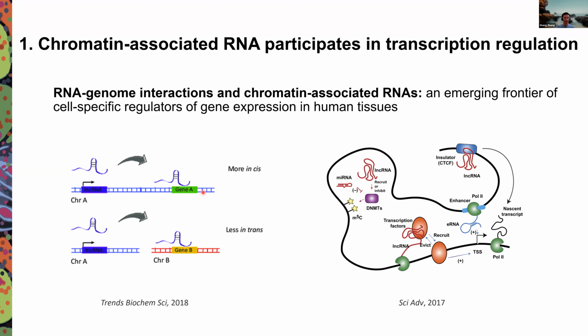A few of the already discovered pathways for this RNA-mediated transcription regulation include, for example, the RNA helping to stabilize transcription factor chromatin interactions, the RNA contributing to modify the histone decorations near the target gene, or perhaps the RNA helping to stabilize certain spatial arrangements of the underlying genomic sequences.